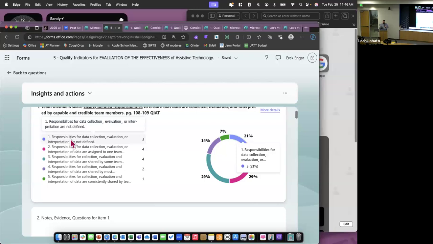the responsibilities for data collection or evaluation are not really defined. Let me ask you a question if you put that, and you don't have to answer out loud. If the goal includes the assistive technology, so let's say it's a language goal for a student using AAC, are we collecting data on that? And is it defined who would collect that data?